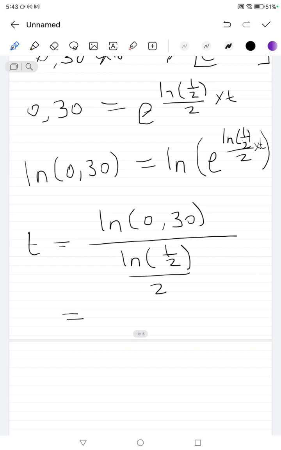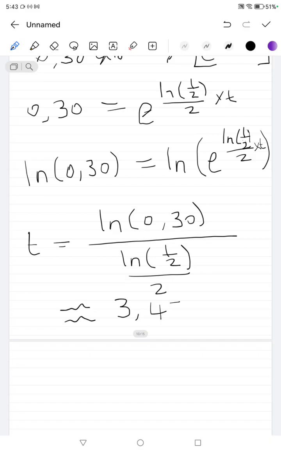Then what will be the answer for that? The answer is 3.474.